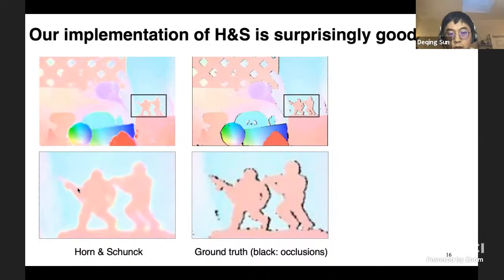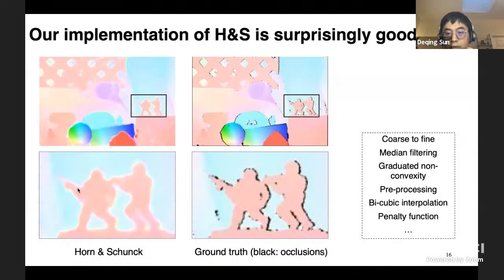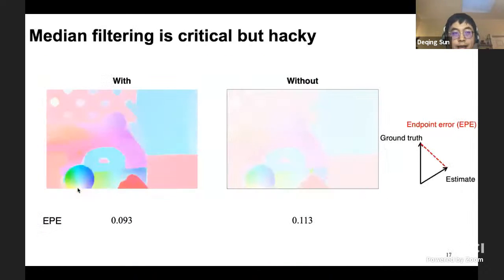So if we look at all the techniques we used, the question is, what makes it work so well? We performed an ablation study, changing one component at a time and comparing the effect. Through the ablation study, we found there's a particular step called median filtering.